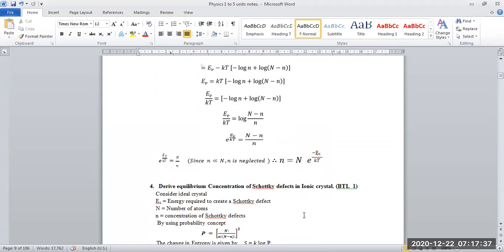When you come to the college, probably we'll be calling the students to the college, I will derive this particular expression on the board also for your convenience.